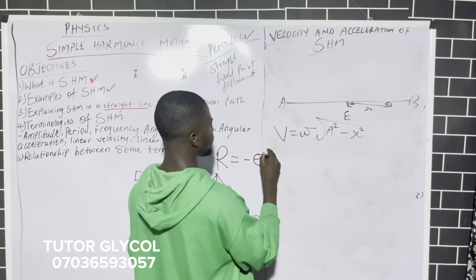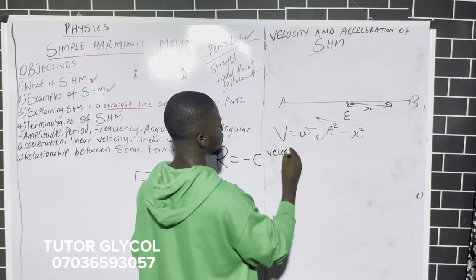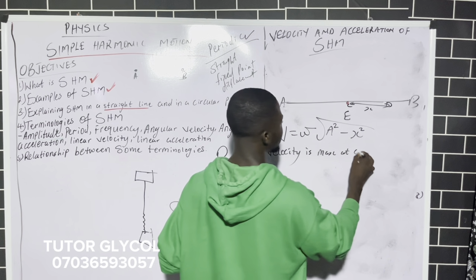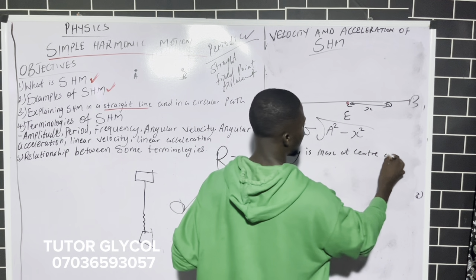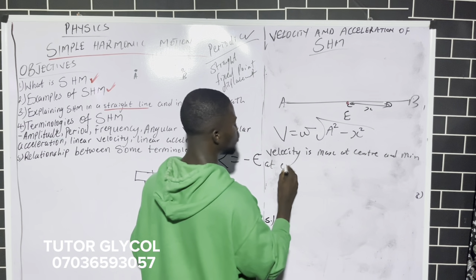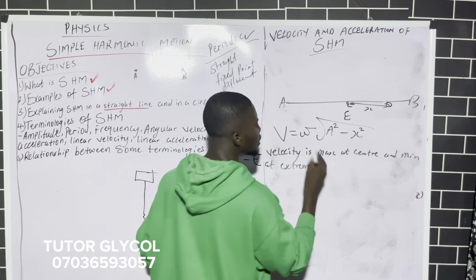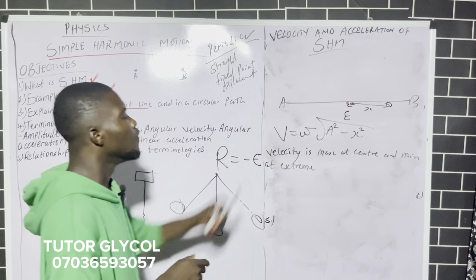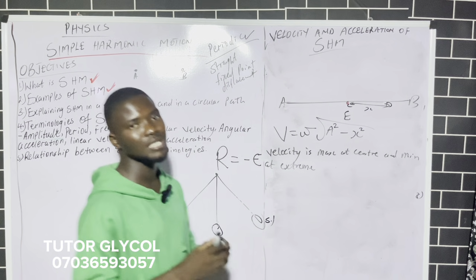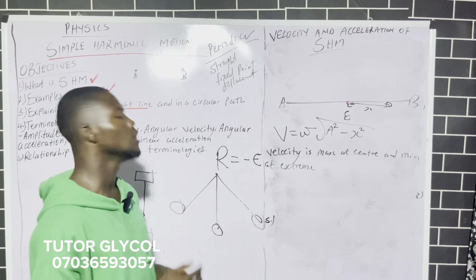That's a key point. Velocity is max at center and minimum at extreme. Don't forget this, please. Let it stick to your brain. Velocity is maximum at the center and minimum at the extreme.